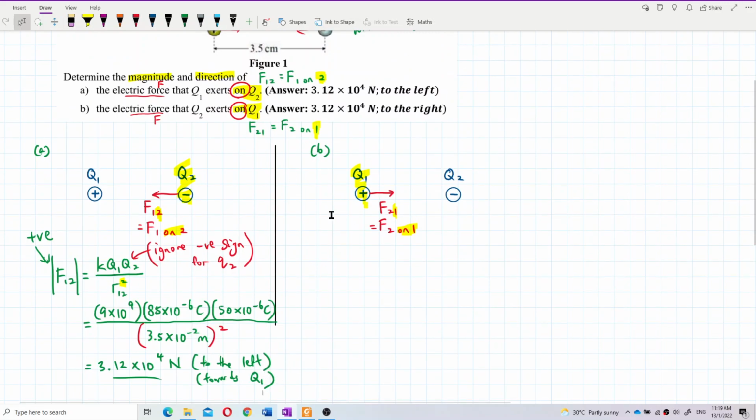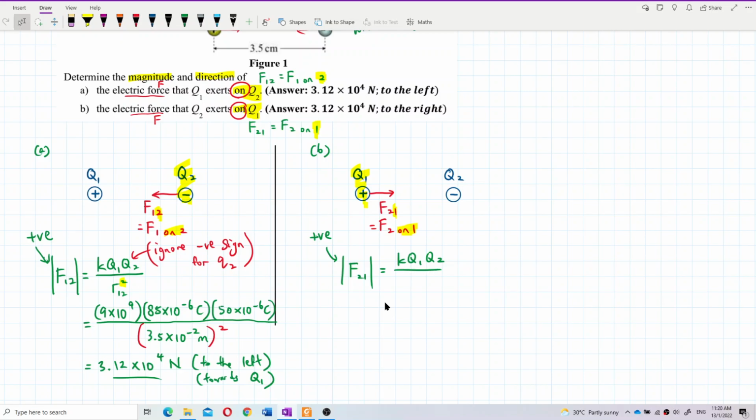And then how about question B? For question B, it is also the same. You use modulus, because we just want the magnitude, F21. When you want to find magnitude, modulus, it is always a positive value, so for Q1 and Q2 also the same.